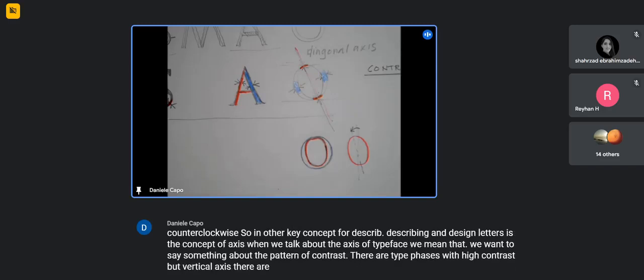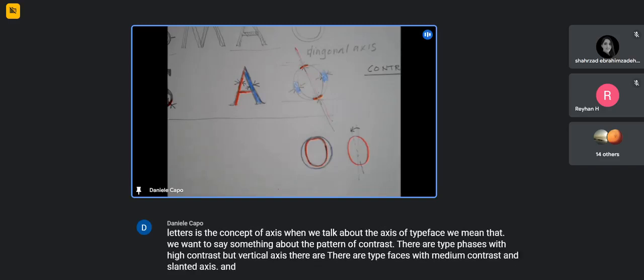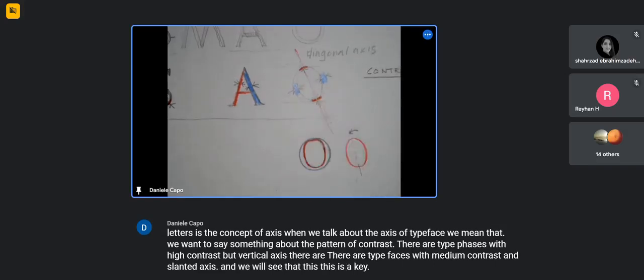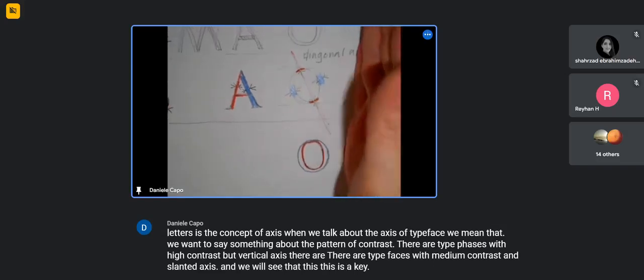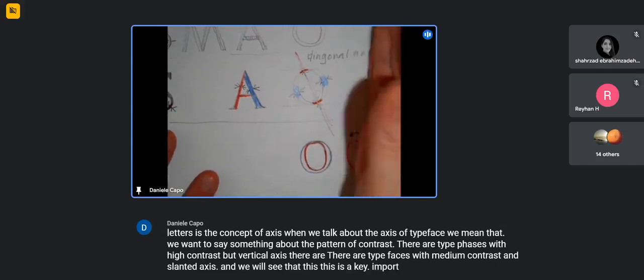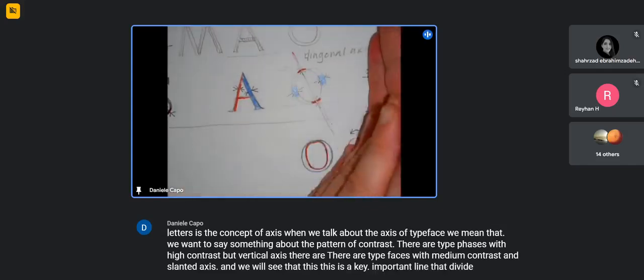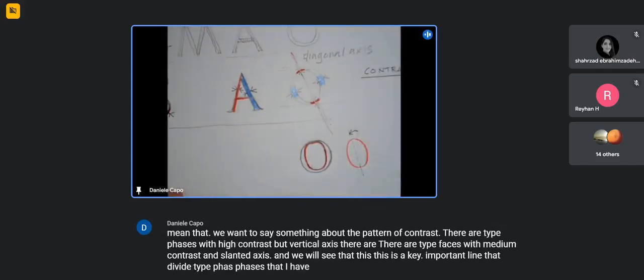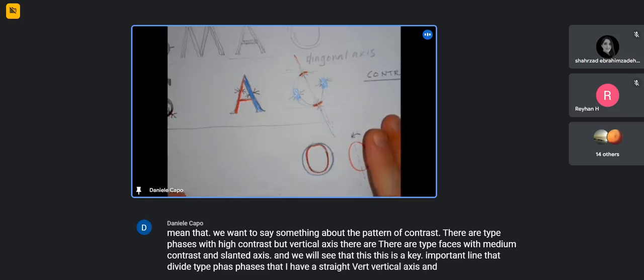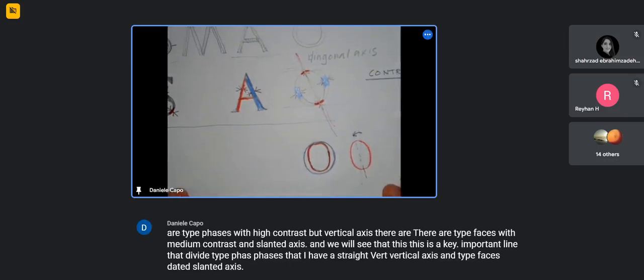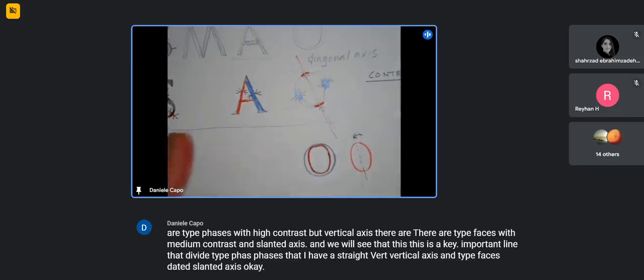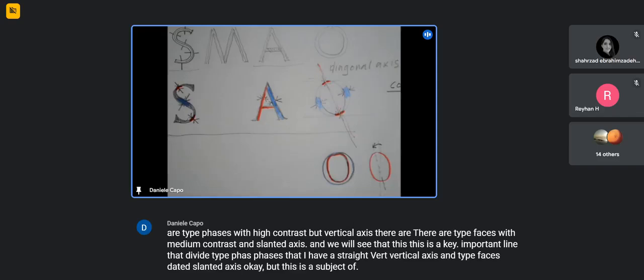There are typefaces with medium contrast and slanted axis. And we will see that this is a key important line that divides typefaces that have a straight vertical axis, and typefaces that have a slanted axis. Okay, but this is a subject of another lesson.